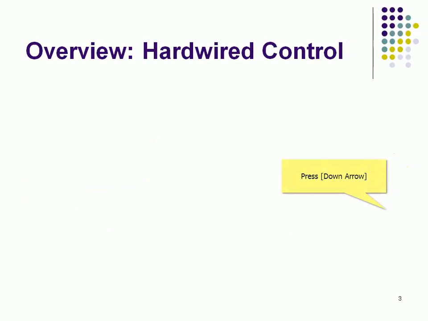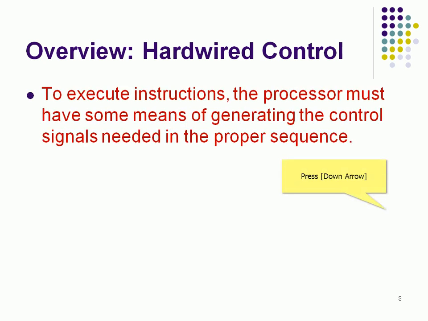So coming to the hardwired control signal generation, let me see the components involved here. To execute an instruction, the processor must have some means of generating control signals, which are essential, in the proper sequence.